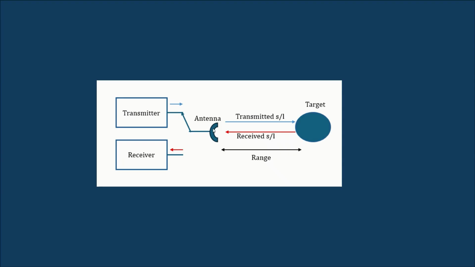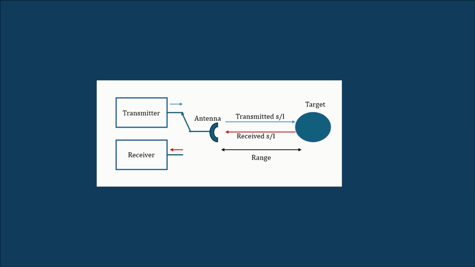When it is in the transmitting state, it transmits electromagnetic waves, and when they hit the targets, the reflected wave is received by the antenna and this switch is connected to the receiver system. Based on the round trip time, it calculates the range, based on the Doppler shift, it calculates the velocity of the targets, and depending upon the direction of the antenna it can calculate the angle.